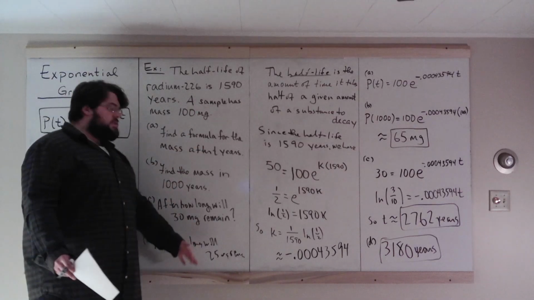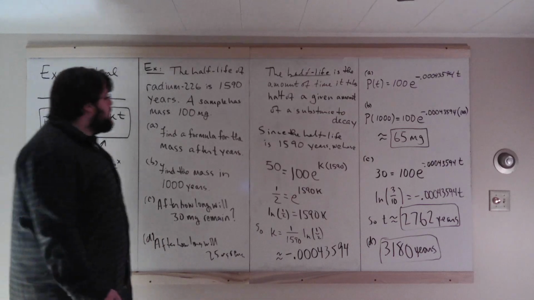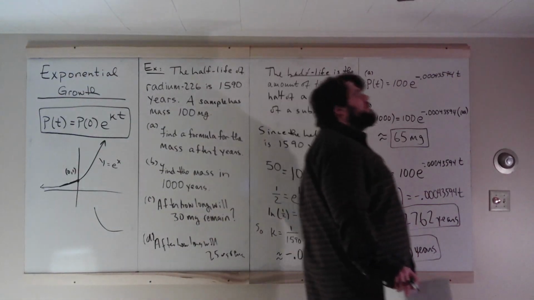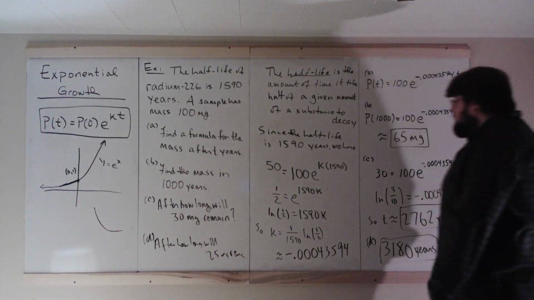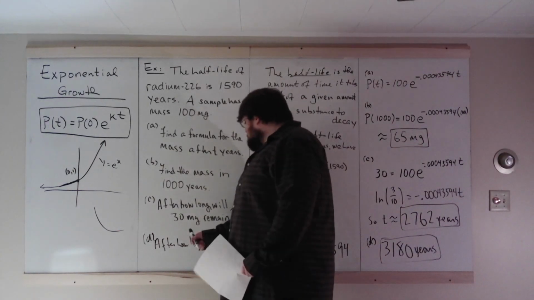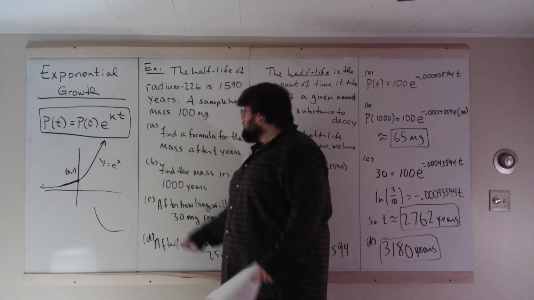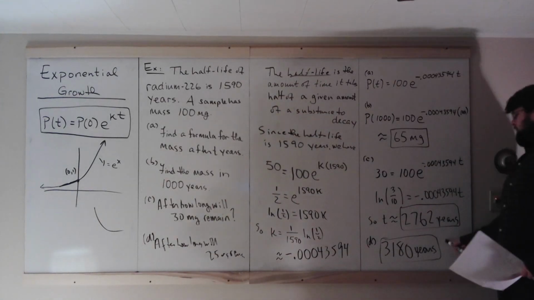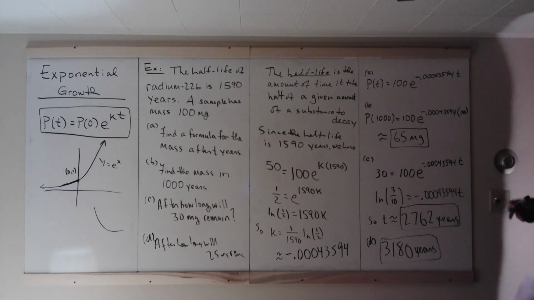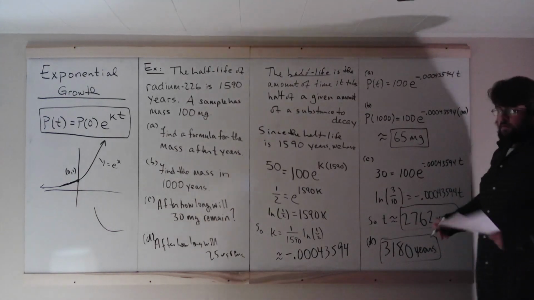So this one would just have to go through, what, 2 half-lives. I don't know if that's the proper physics language, but it makes sense in my mind. So after 1,590 years, 50 are left. After another 1,590 years, 25 are left. You could substitute in 25 there if you want.